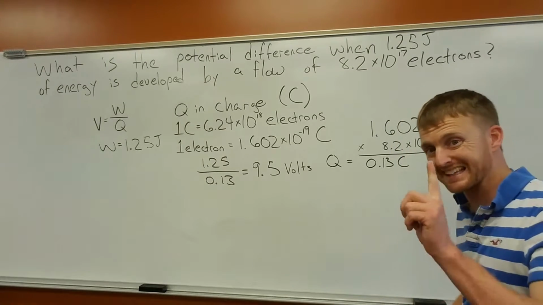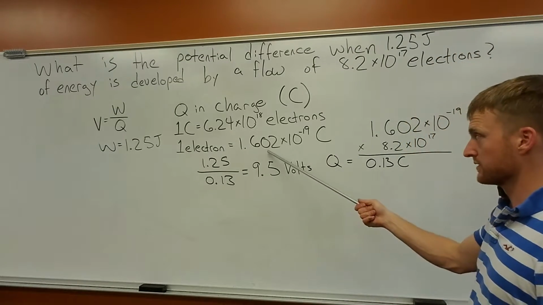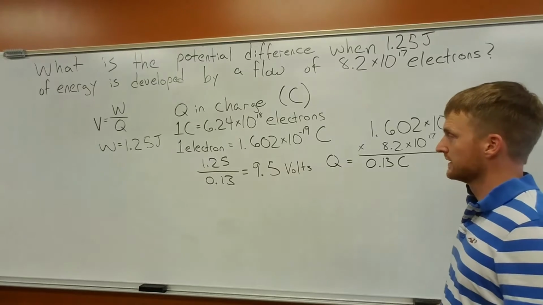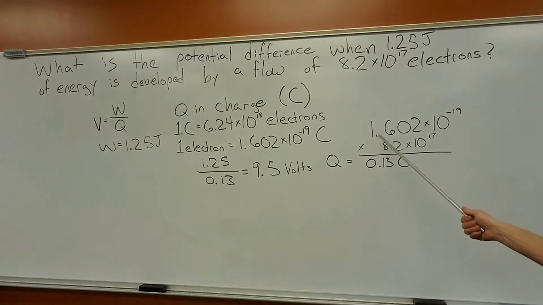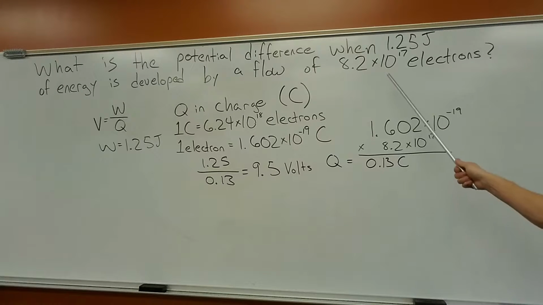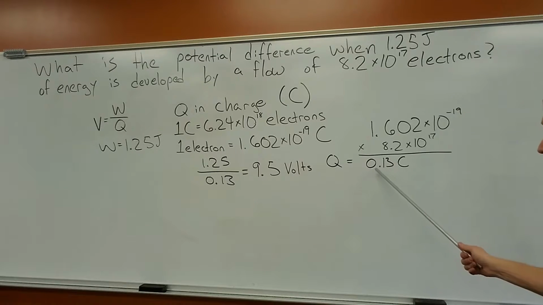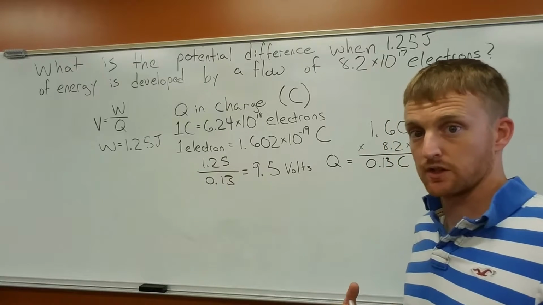That's for 1 electron. 1 electron contains that value for charge. So, we have to basically say, take that charge, multiply it by the number of electrons we have. So 8.2 times 10 to the 17 electrons. When we do that, we get 0.13 coulombs, keeping our value for significant figures down to 2.